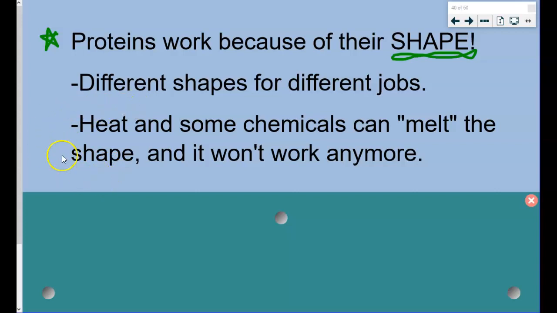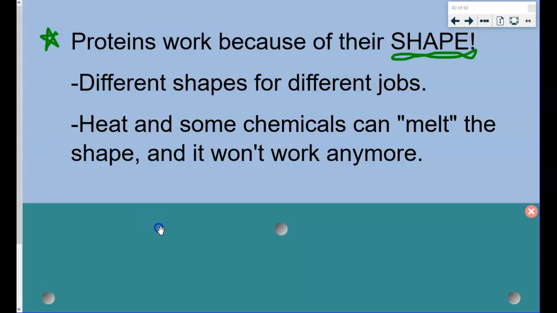We cook the food and it's easier to chew, it's easier to cut, it's kind of melted and softened a little bit. And so we end up cooking a lot of the proteins we eat because of that. Okay, but you also have to remember the proteins in your body, if they get too hot, they're not going to work so great anymore either. And again, if your body gets way too hot, way too high of a temperature or a fever, that could happen to you as well.